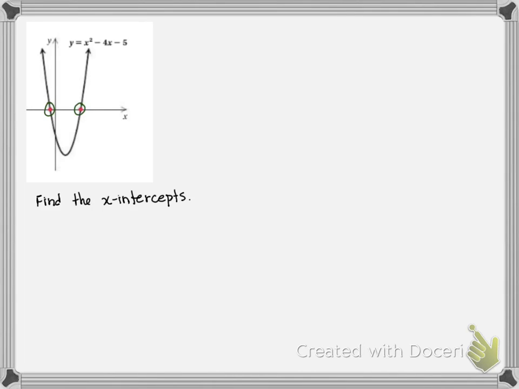So the process of finding intercepts doesn't change based on the type of equation or the type of graph. No matter what type of equation we're working with, whether it's linear, quadratic, or one of the many other equations we're going to look at, to find the x-intercepts of the graph, you always set the y value equal to 0.